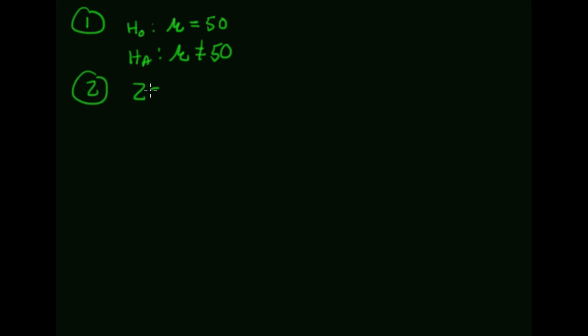Okay, in the second problem, American workers claim that on average they work 50 hours per week. Again, this is an equivalence statement: the average either is 50 or the average is not 50. Because it's an equivalence statement, this is always going to be a two-tailed test. Now we have to get the confidence interval given the data, so let's get the calculator out.